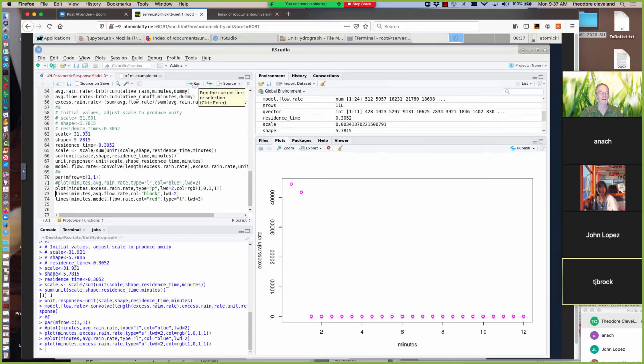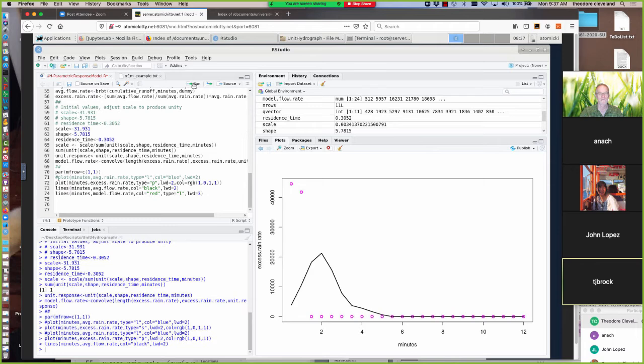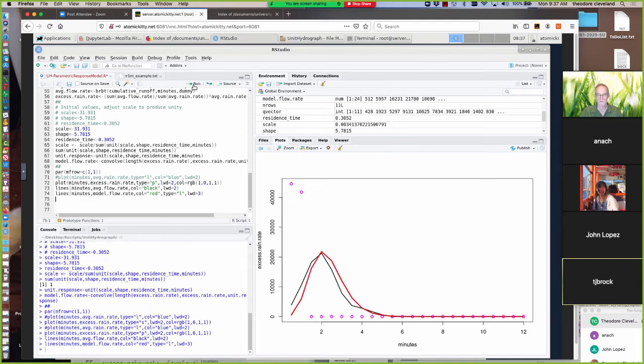Then we're going to put our average flow rate, which is the observed flow rate. So these are our observations. There's the observed, and then here's our convolved signal. So not perfect, but reasonably close.